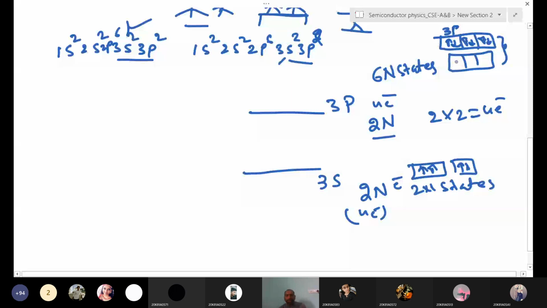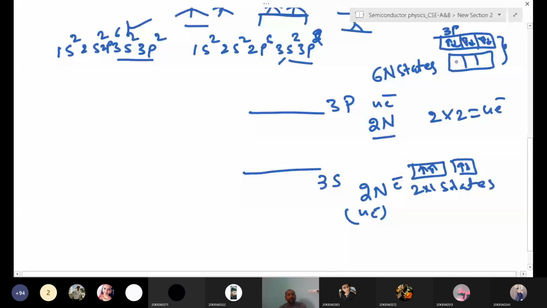In total how many electron states are there? Here 6N and here 2N states are there, total 8N states. So these states will split into 4N states here and 4N states here.